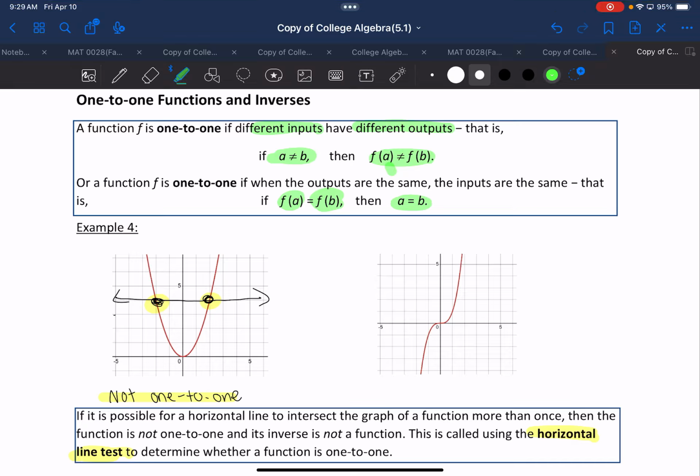No x or y values can repeat. So in this other graph over here, which is the cubic function, if you remember from our library of functions, this one does pass my horizontal line test. It'll only intersect the graph at one point. So this one is one-to-one.